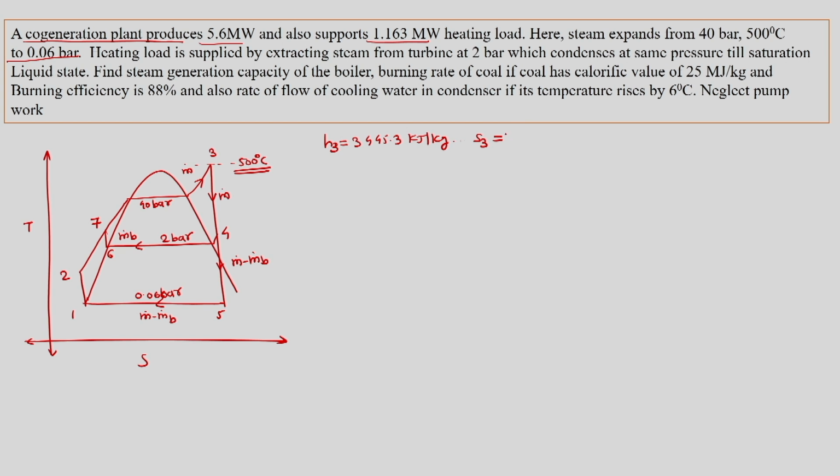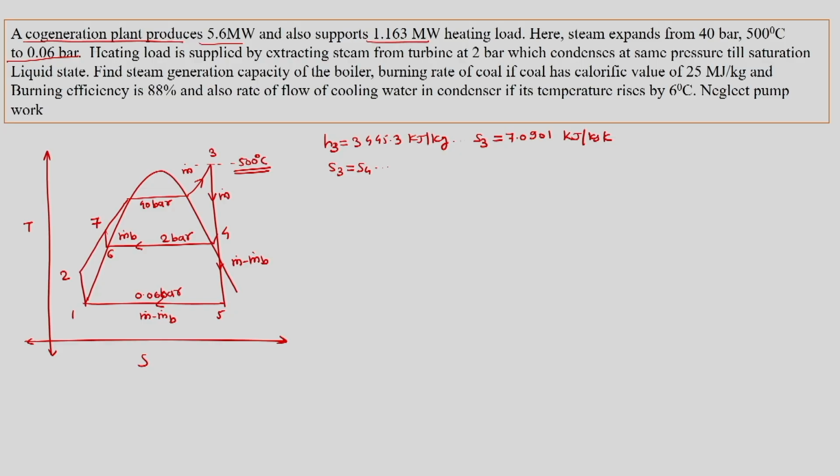So S3 is equal to 7.0910 kilojoule per kg Kelvin. We know that S3 is equal to S4, and this gives us X4.